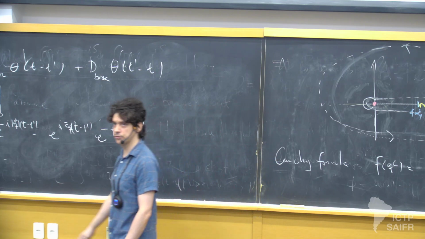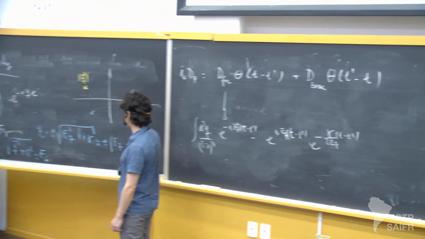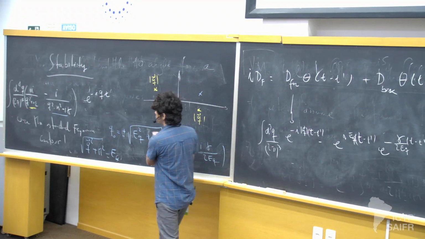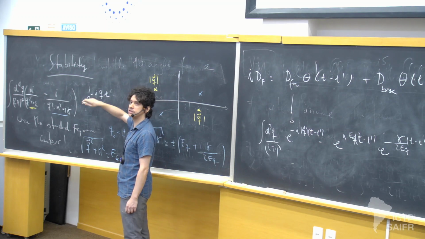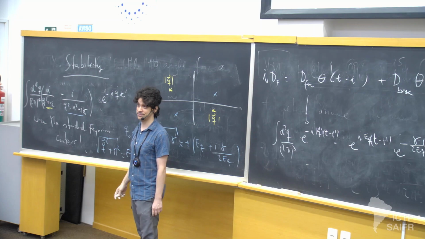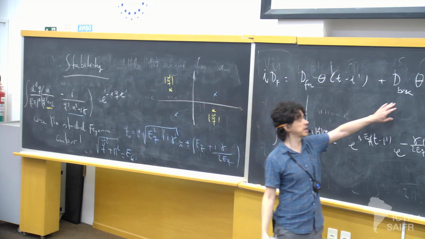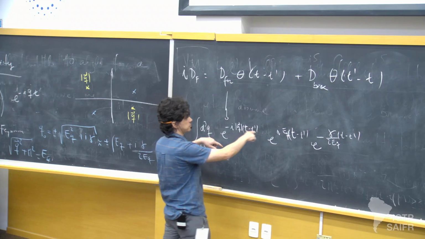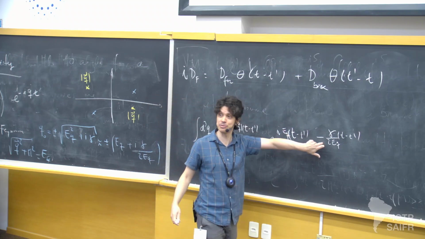Are you following me? That's a minus here, and that's a minus here. So it's i squared, it's a minus. So it's a decaying exponential. And you can do the same as for this guy here. So you have those signs reversed, but not the exponential.